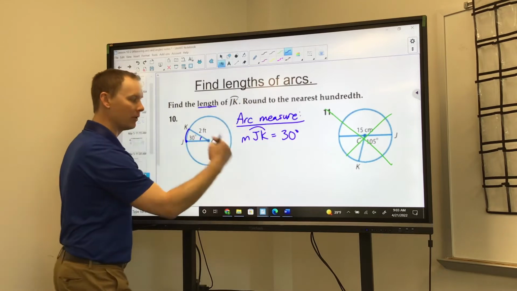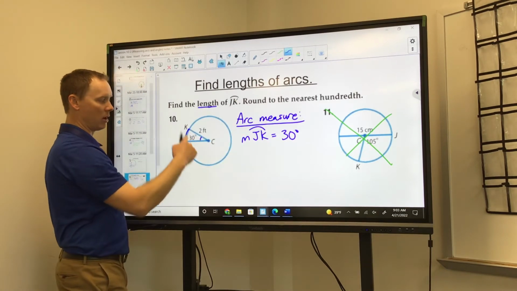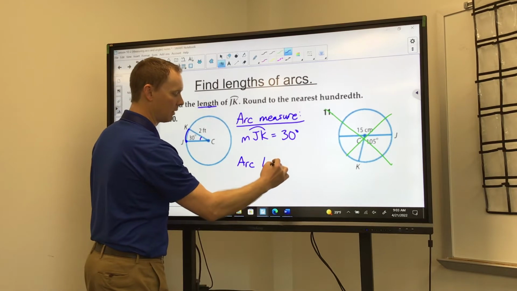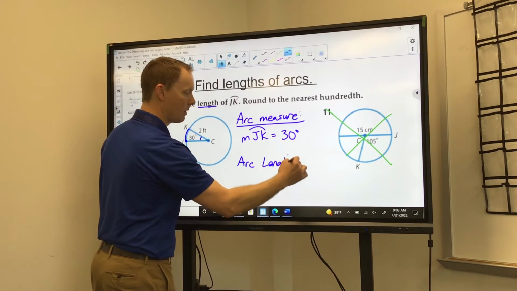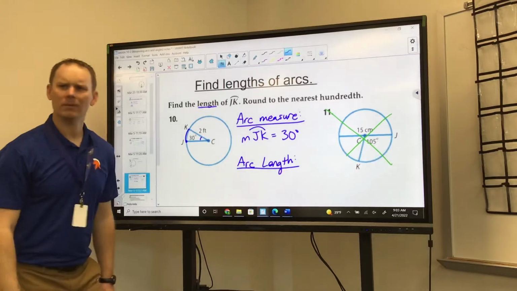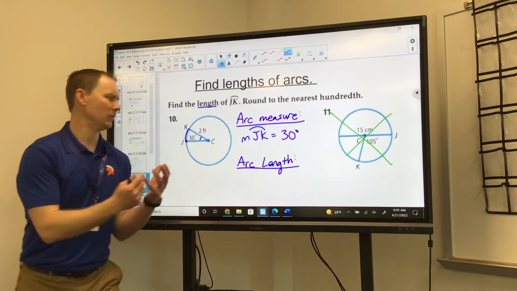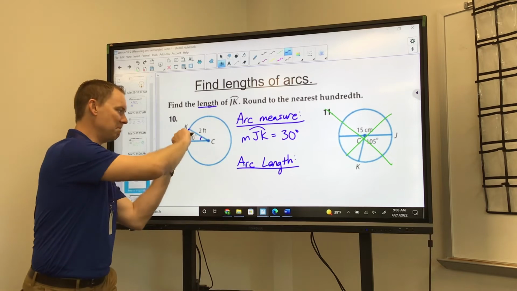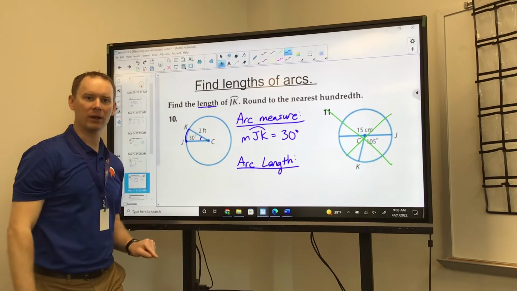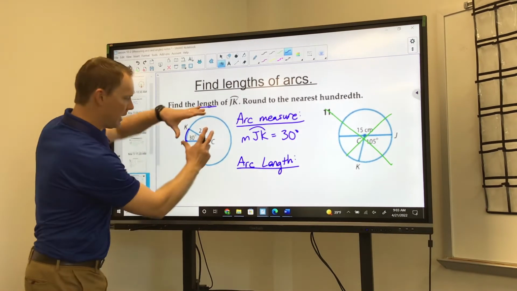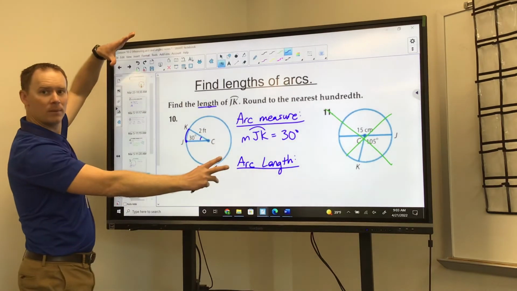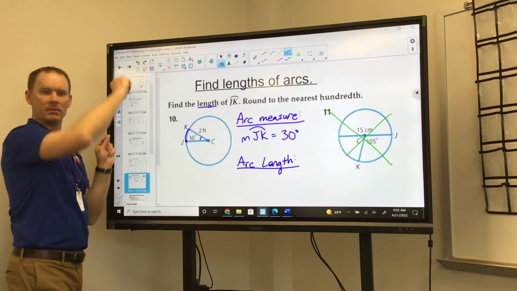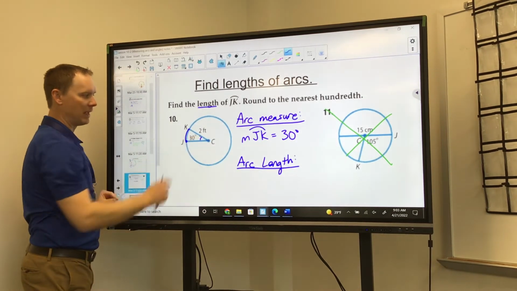However, there's another thing that you can do with the arc, and that's find the arc length. How is that different? Well, it's like taking a tape measure that's flexible and actually measuring how far that arc is. And you can imagine if we get a bigger circle, can you imagine that arc's going to get longer? Even though the angle would stay the same.